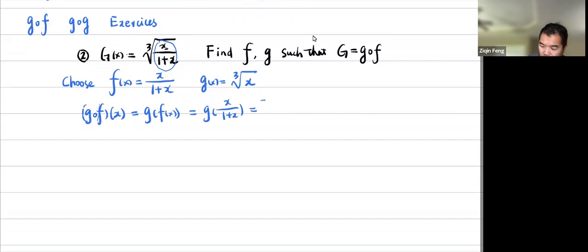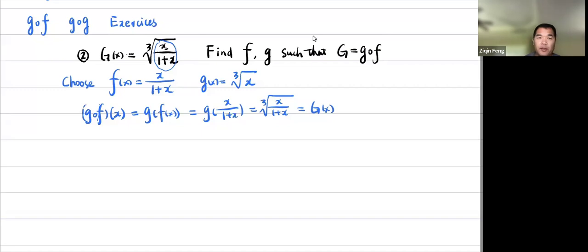So this is the third root of x over 1 plus x, which is equal to capital G of x. So this is basically the two functions whose combination gave you our function capital G.